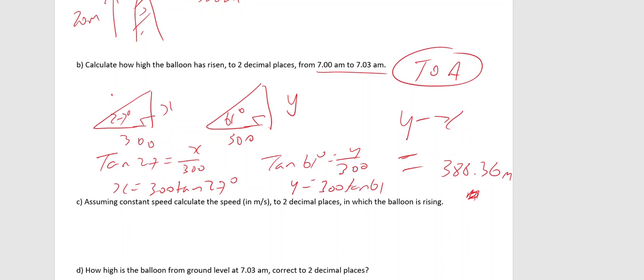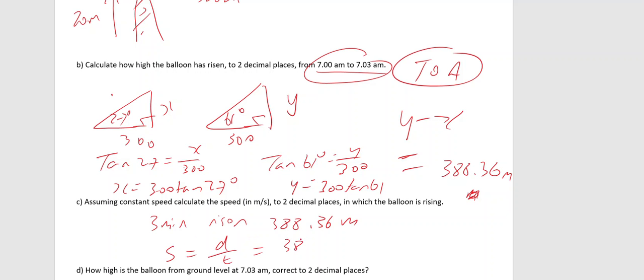Assuming constant speed, calculate the speed in meters per second at which the balloon is rising. Now, from 7 to 7:03 a.m., that's 3 minutes. In 3 minutes, it's risen 388.36 meters. So we know speed is distance divided by time.